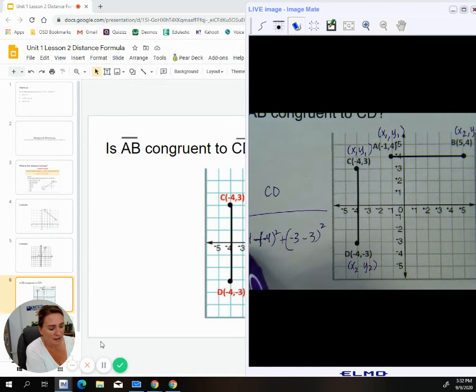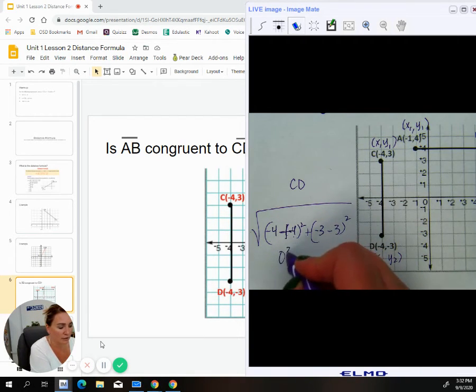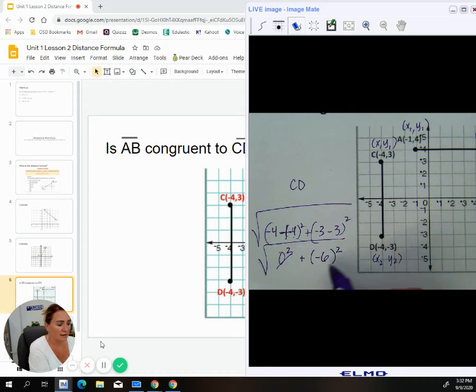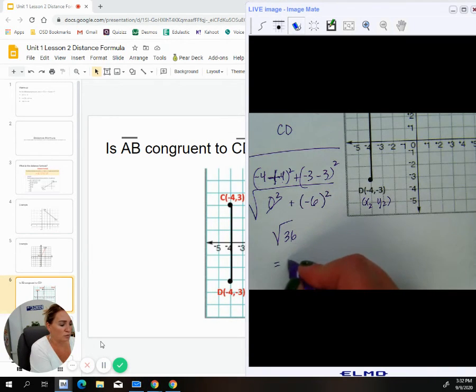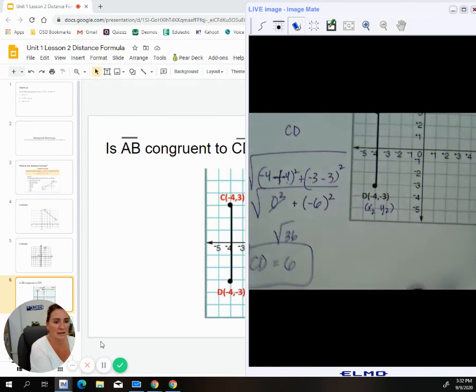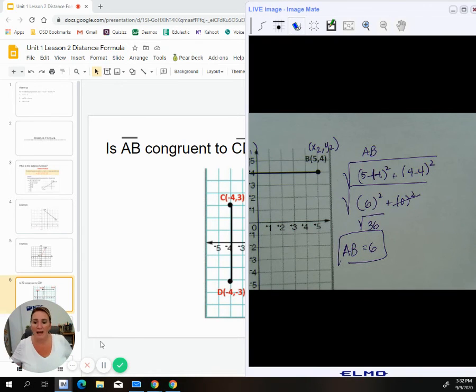So in this case, -4 plus 4. Sorry, I'm off the screen. -4 plus 4 is 0. -3 minus 3. Remember, it gets more negative. So this is -6. We don't need to figure out what 0 squared is. -6 squared is 36. And the square root of 36 is 6. So because CD and AB are both equal to 6, that means that those two segments are congruent to each other.